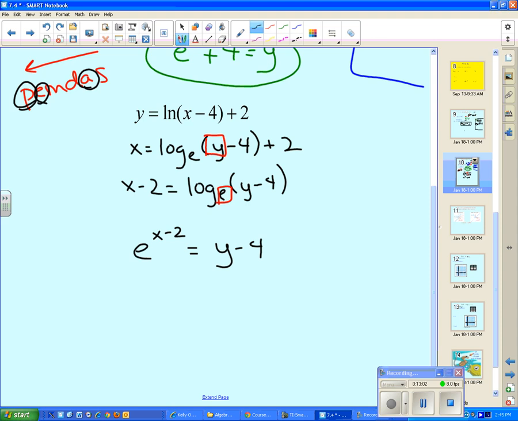And then finally you can move the 4 over. Now the 4 is not going to be a part of the exponent. It's going to be added onto the end. So e to the x minus 2 and then plus 4 equals y.